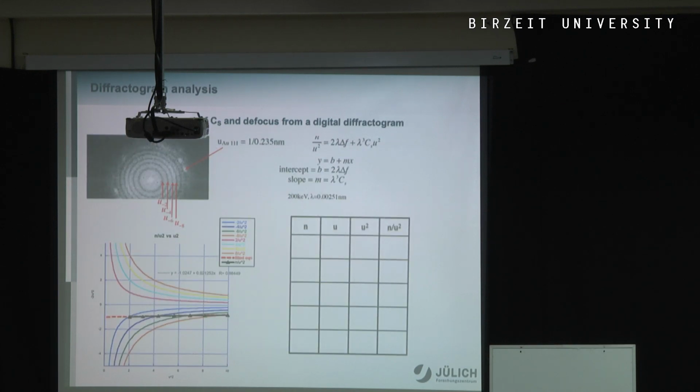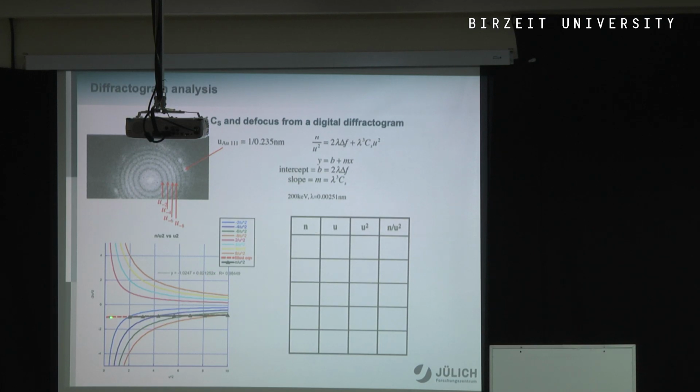And one way in which you can manually work out what the defocus and the spherical aberration coefficient is simply to measure these spatial frequencies and then to plot on the vertical axis n over u squared, where u is each of these spatial frequencies, and on the horizontal axis u squared.